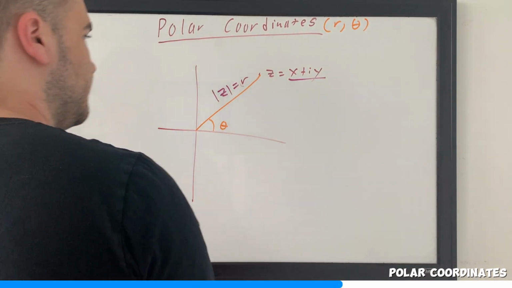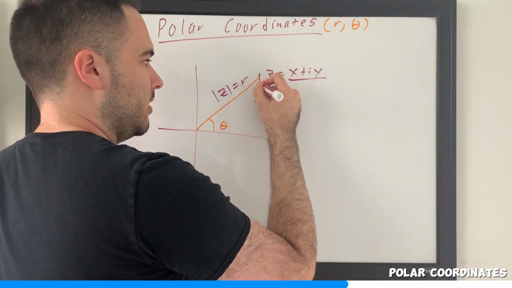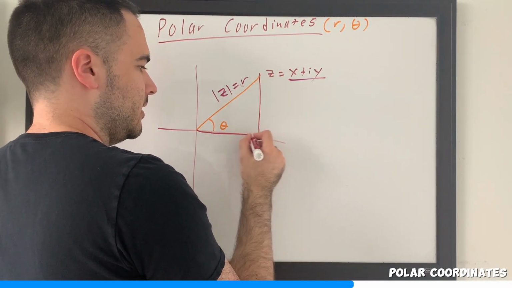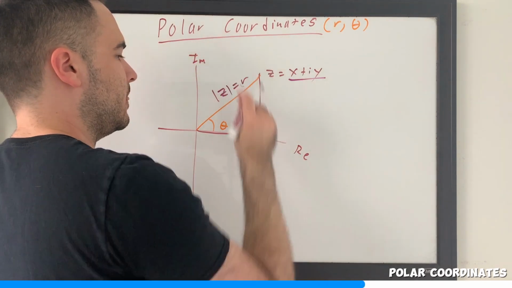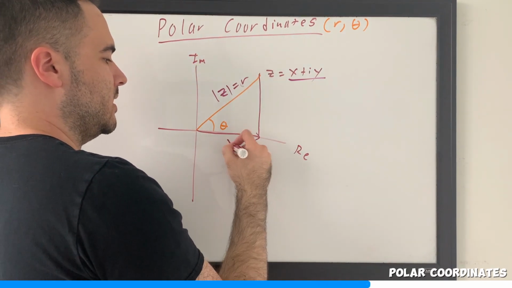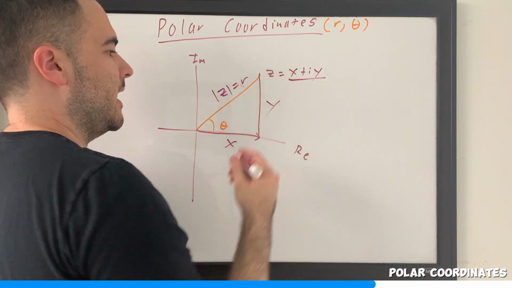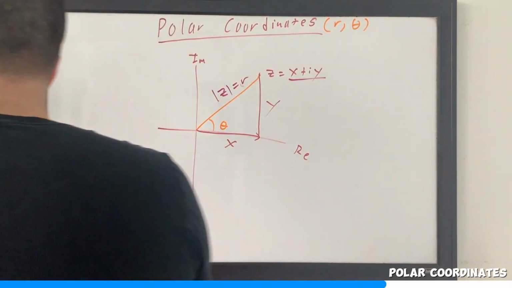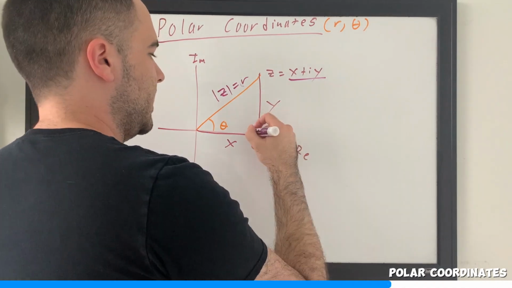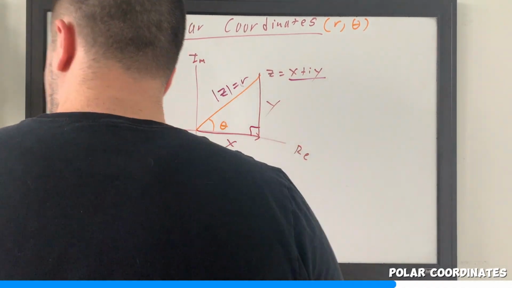So using the right-hand triangle, the distance in the real and imaginary parts we know is x for the real parts and y for the imaginary parts. Using SOHCAHTOA involving right angles, we get two new equations.